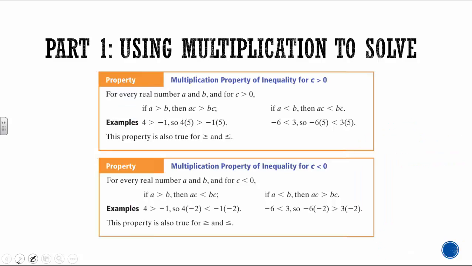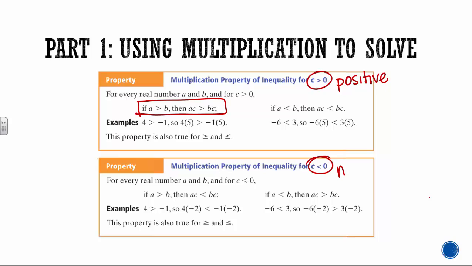That leads us to our multiplication rules. Anytime we multiply by something bigger than 0, a positive number, we just have our standard inequality: whatever you do to one side, you have to do to the other. If you multiply by something less than 0, a negative number, you have to switch it around.